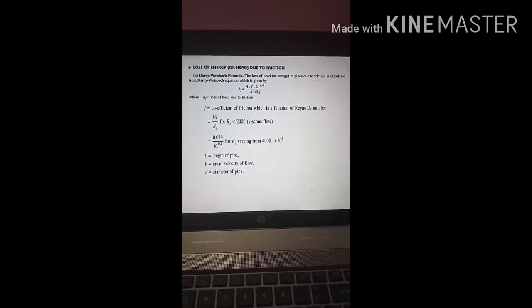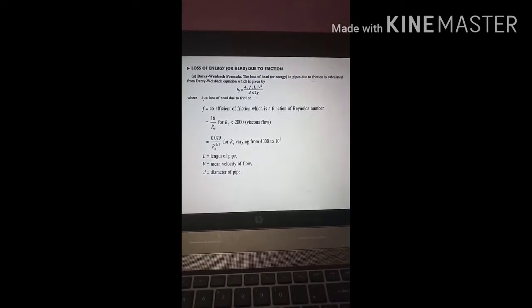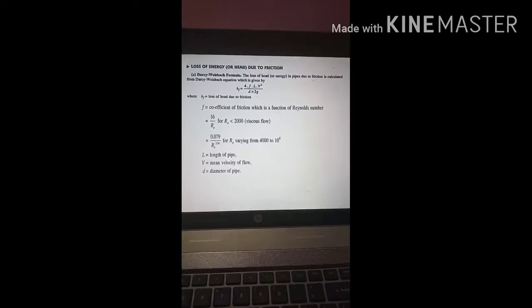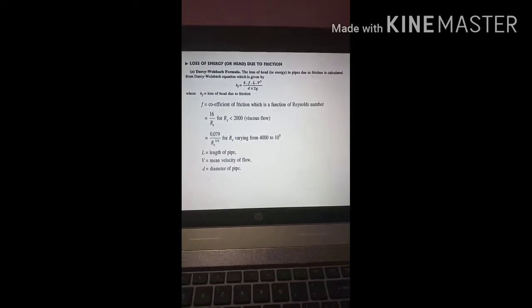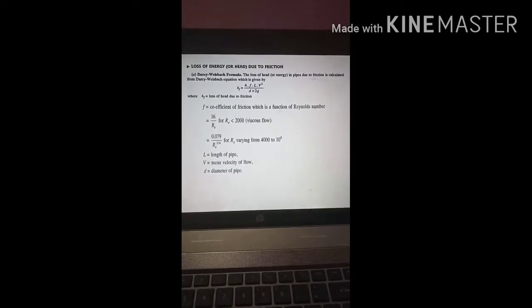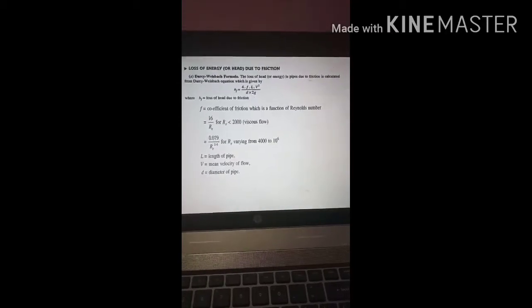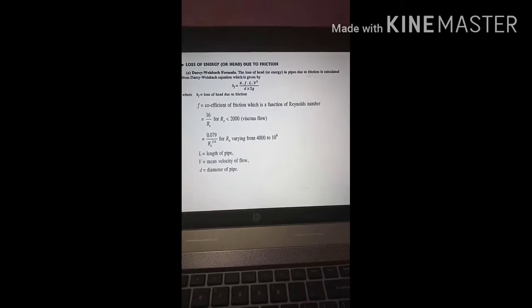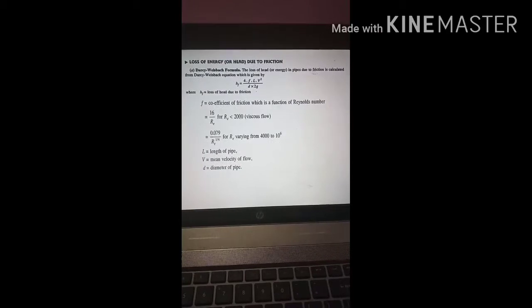For calculating hf, given by the formula 4fLV² by 2gD, in this formula the term small f is called the coefficient of friction. Remember, small f is the coefficient of friction, capital L is the length of the pipe, capital V is the mean velocity of the fluid through the pipe, and small d is the diameter of the pipe.